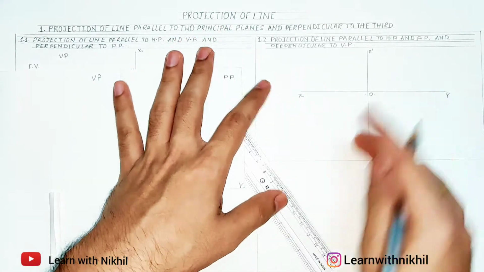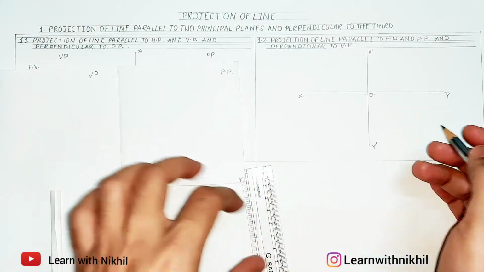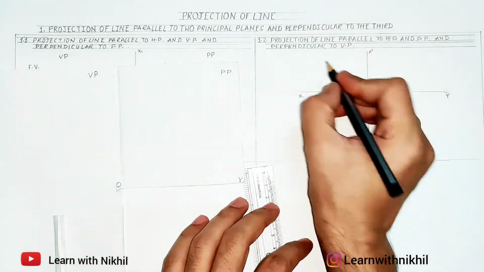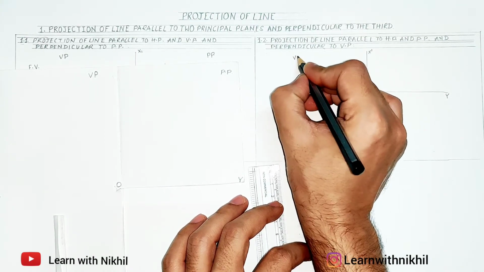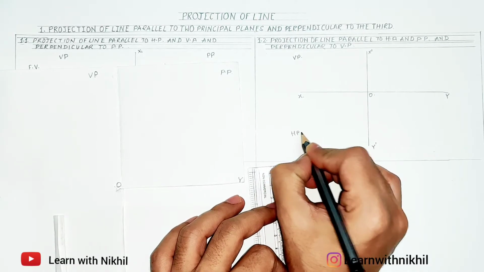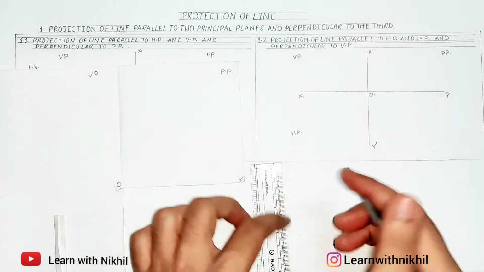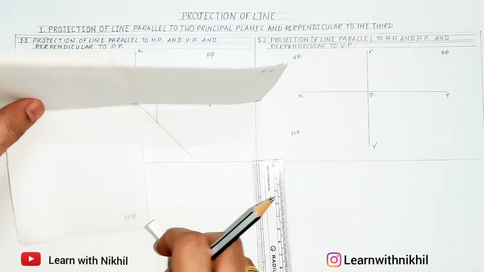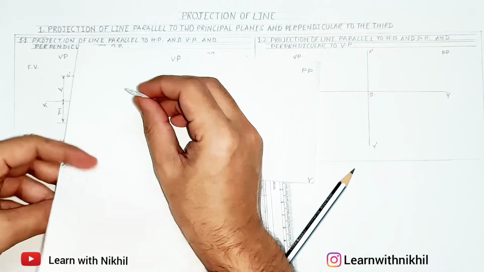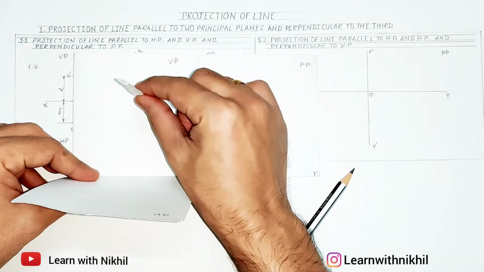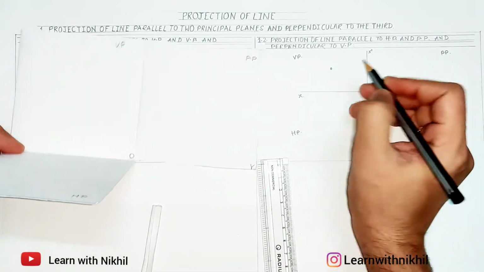This is center point O. Now as the line is parallel to HP and PP, as you know, so in the front view or in the vertical plane, it will look like a point. So this is VP, HP and PP. So line is straight here. So line is like this. So in the vertical plane or in the front view, it will look like a dot.